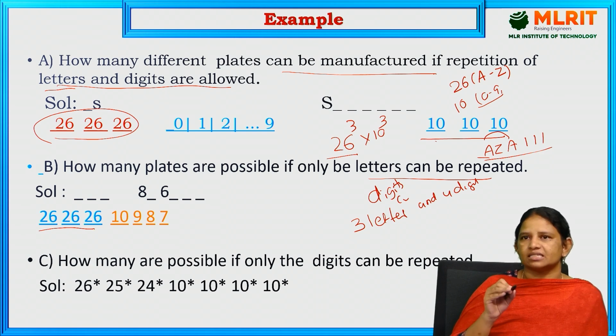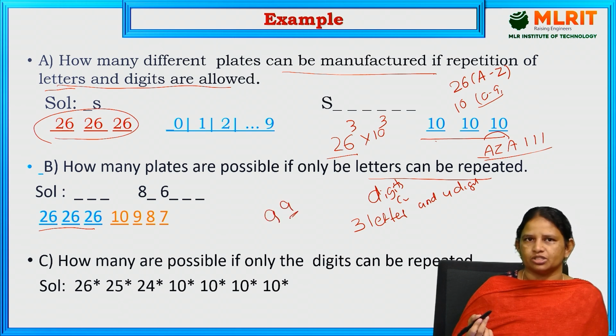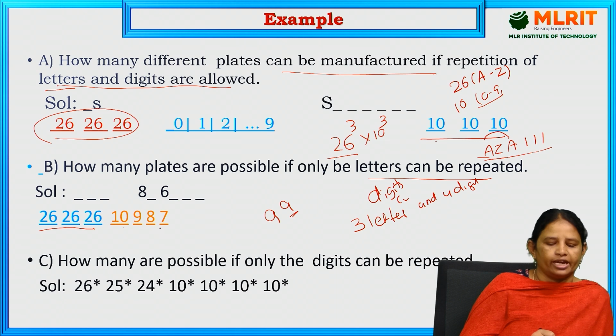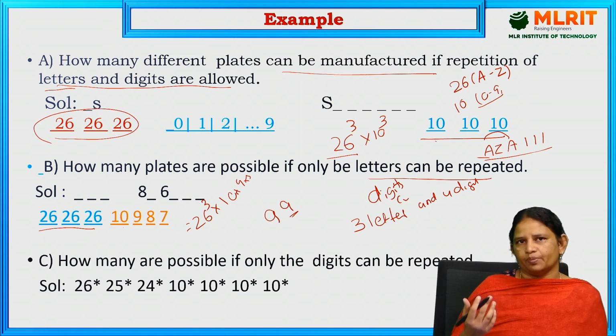But digits cannot be repeated, so if you use 9, don't use 9 in the second place. So the number of choices will decrease, and we get 10 into 9 into 8 into 7. That means 26 to the power of 3 into 10 into 9 into 8 into 7. That many plates are possible if only letters are repeated.